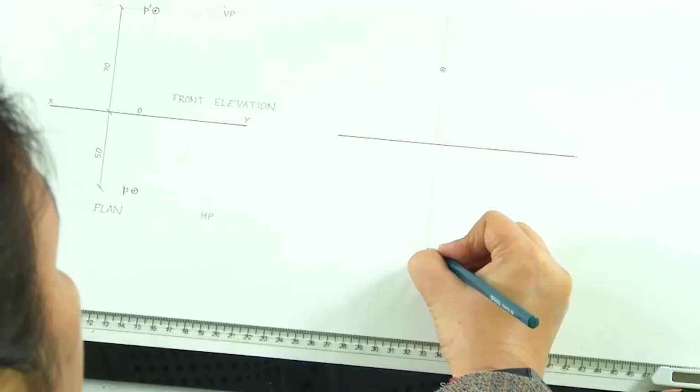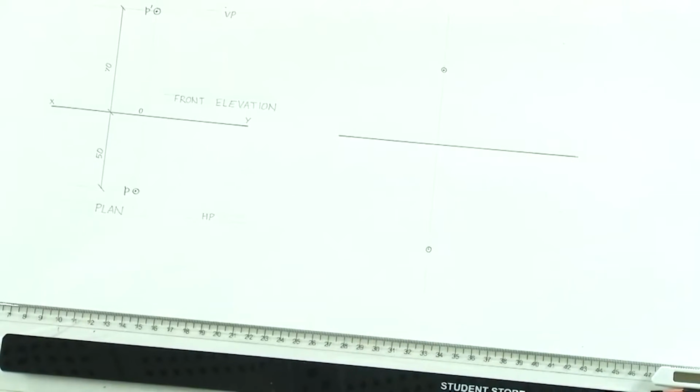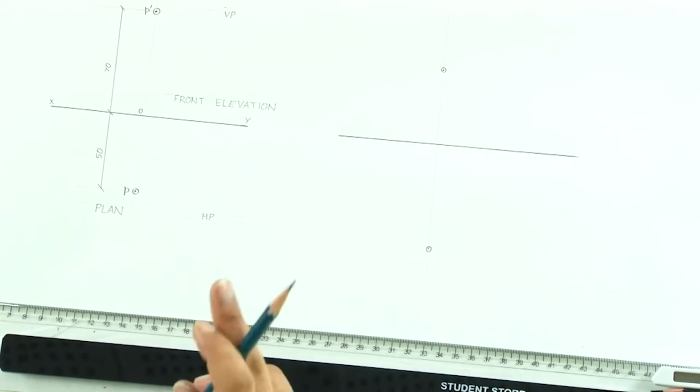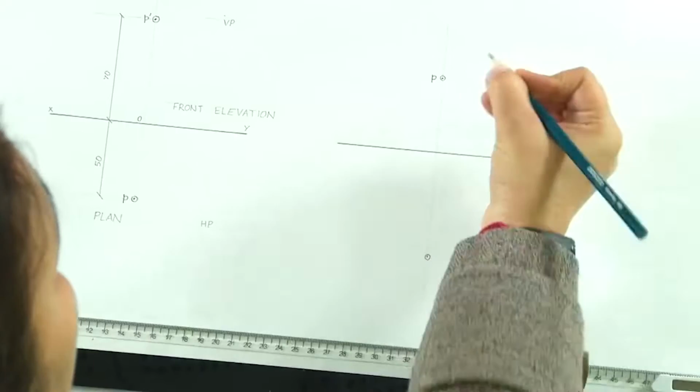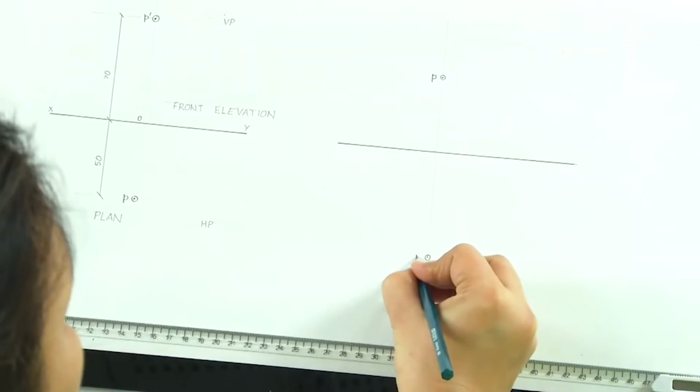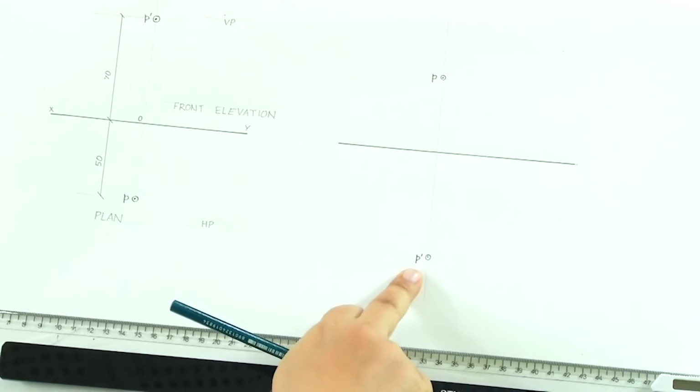Everything else remains the same. We mark the point. Now, the plan will always be mentioned with the letter first. So here this would become P and this would become P dash, which is the nomenclature for the elevation.